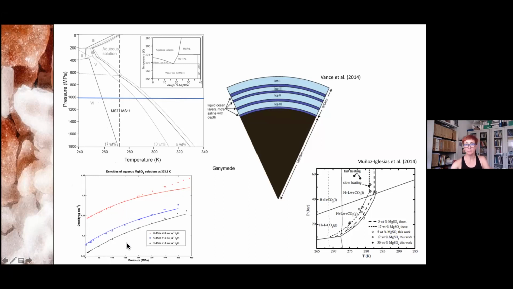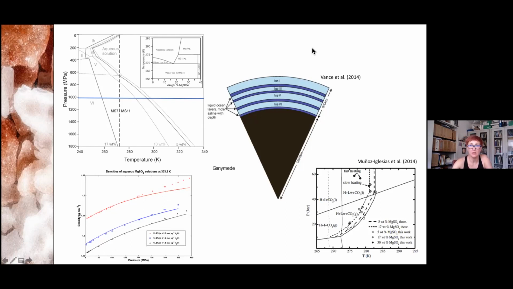So if you have this kind of diagrams, and with this other kind of diagrams, you can propose different models for the structure, for example, for Ganymede.